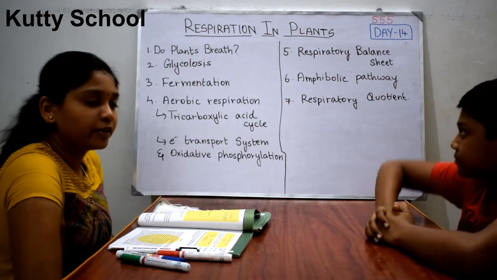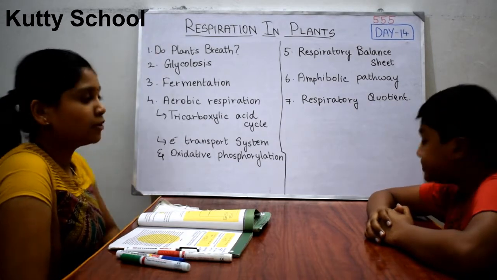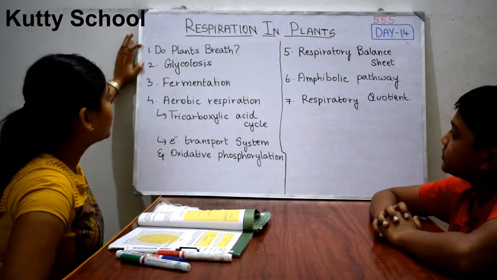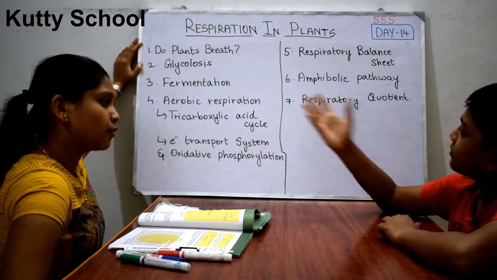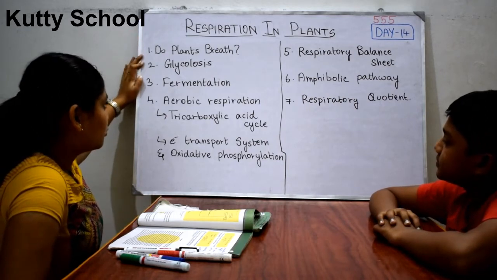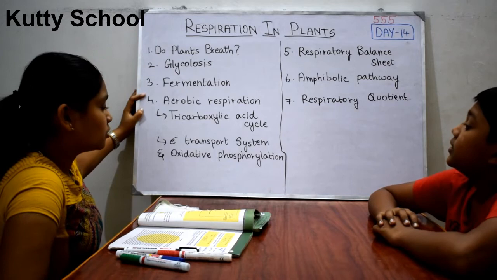Today we are going to discuss the chapter Respiration in Plants. In this chapter there are 7 topics. The first topic is: do plants breathe? We already saw this in the last chapter. Then glycolysis, fermentation, and aerobic respiration is our 4th topic.